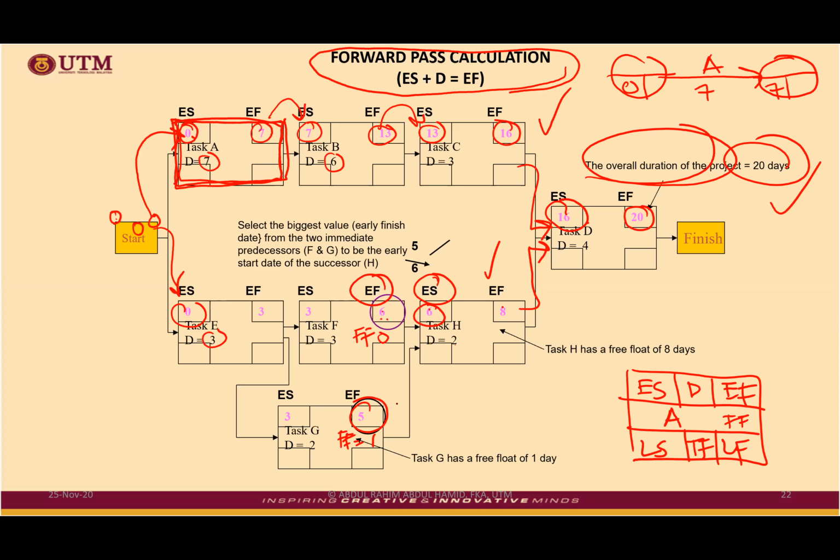So activity G has one free float that it can play around with. If, for instance, we want to delay the start of activity G, instead of starting on the third day, why don't we start on the fourth day? So we can still catch up with the subsequent activity. And that is the concept.